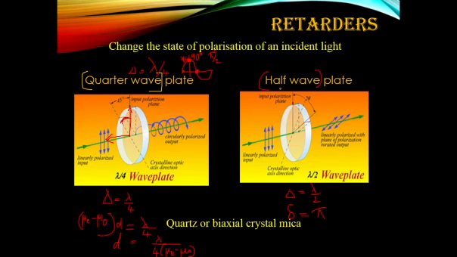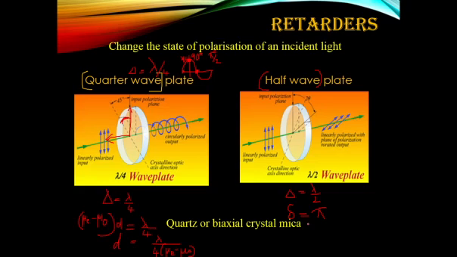So in the problem session you can expect questions from this part. It could be asked like: what is the thickness for obtaining an elliptically polarized light when a plane polarized light is passed through a quartz crystal? So what is your answer? You have to infer that it is about a quarter wave plate, and then you can use this equation.